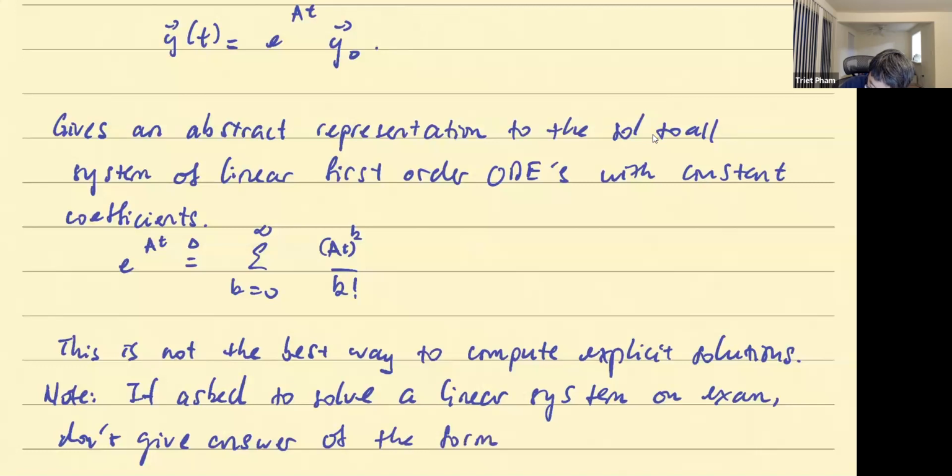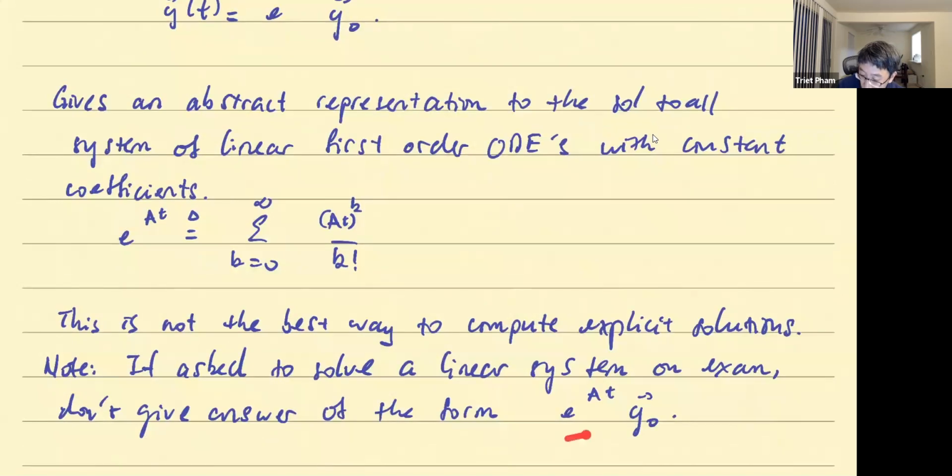I'll be more careful and say, give an explicit solution. This is an okay approach, but unless you compute out what e to At is, I'm not going to accept this as a complete answer. So don't do that.